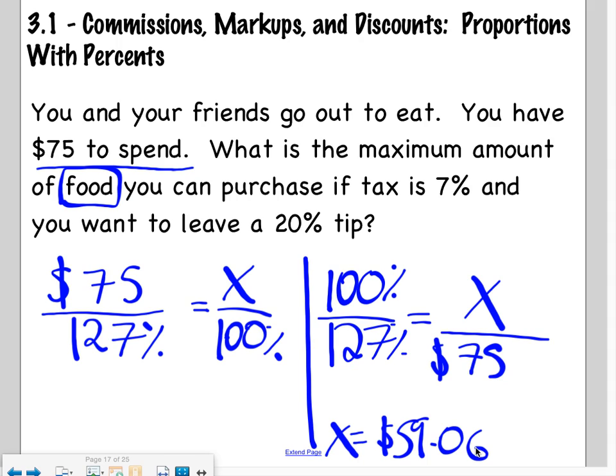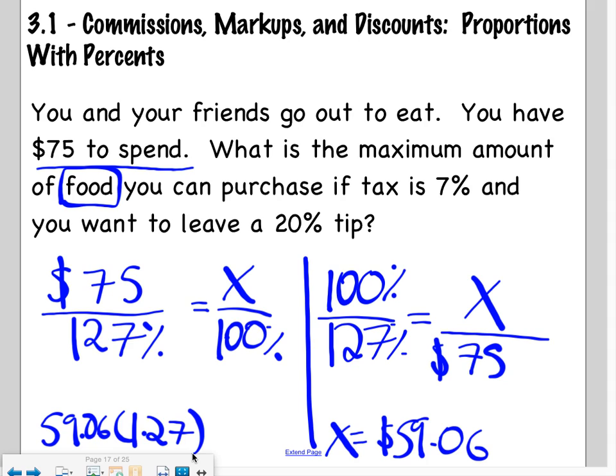You can plug it back into your proportions and see if it's equal. You can multiply 59.06 times 1.27. Multiplying 59.06 by 1.27 is saying what is 127% of 59.06.